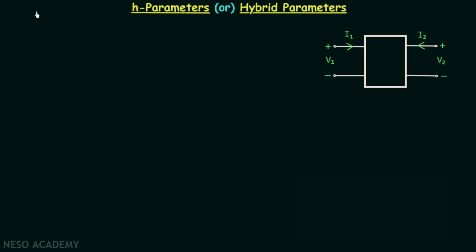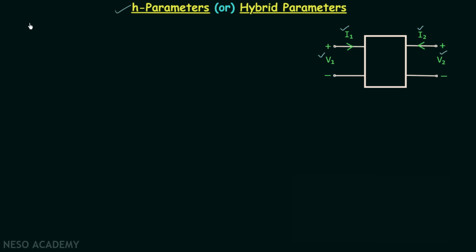We have completed Z parameters and Y parameters, and now we are going to have discussion on the next set of parameters known as H parameters or the hybrid parameters. In this case, out of 4 variables we are having in our two-port network, current I1 and voltage V2 are independent, and voltage V1 and current I2 are dependent.